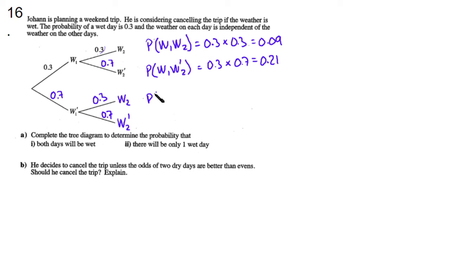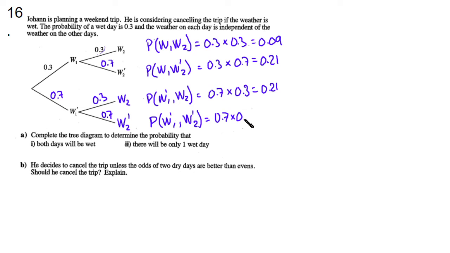The probability of the first day not being wet and the second day being wet is 0.7 times 0.3, which is 0.21. And then finally, the probability that the first day is not wet and the second day is also not wet is going to be 0.7 times 0.7, which equals 0.49.